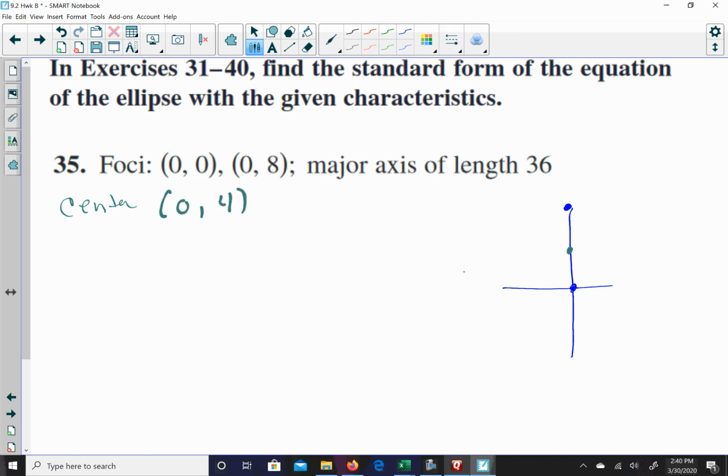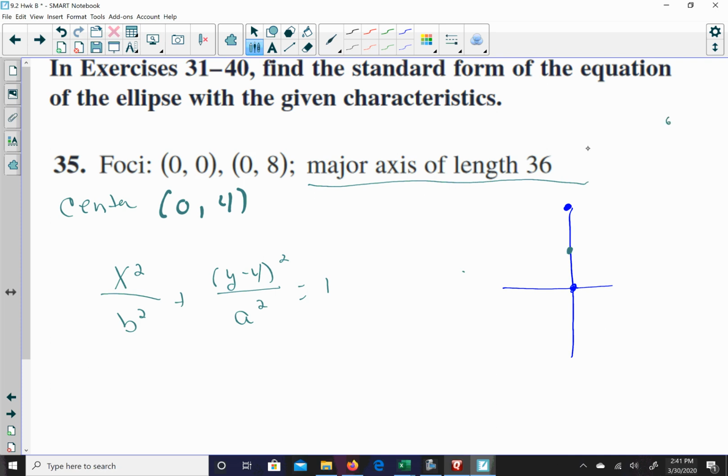And then, knowing nothing else, I can write x squared over some number plus (y minus 4) squared over, well, this is going to be my a squared because that's where the foci are. So this would have to be b squared, is equal to 1. Now it tells me the major axis has a length of 36.